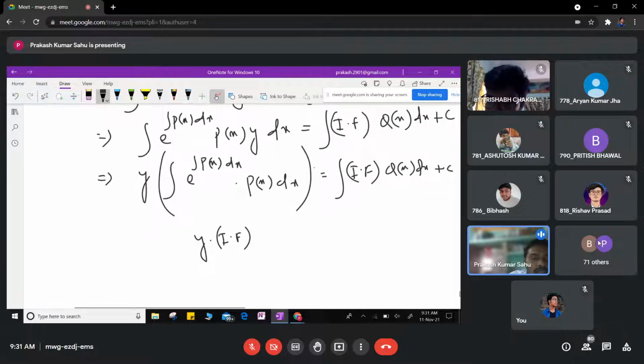Okay, so we are saying that this is your integrating factor, this bracketed. So let us see this integrating factor or not.